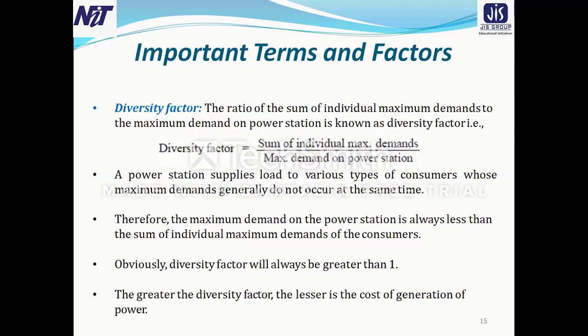A power station supplies load to various types of consumers whose maximum demands generally do not occur at the same time. Therefore, the maximum demand on the power station is always less than the sum of individual maximum demands of the consumers. Obviously, the diversity factor will always be greater than 1.